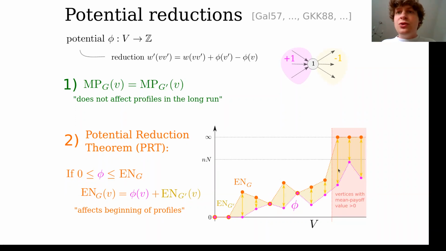There's also a caveat here: we cannot really match these infinite energy values, but if at some point we overcome this threshold, if we become greater than n, then we know that the values have to be infinite. So that's a way to deal with this issue. That's actually what's done in the value iteration algorithm. Okay, so that's a way of doing some algorithms.